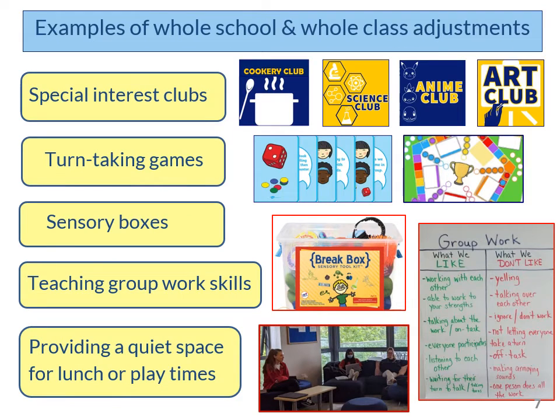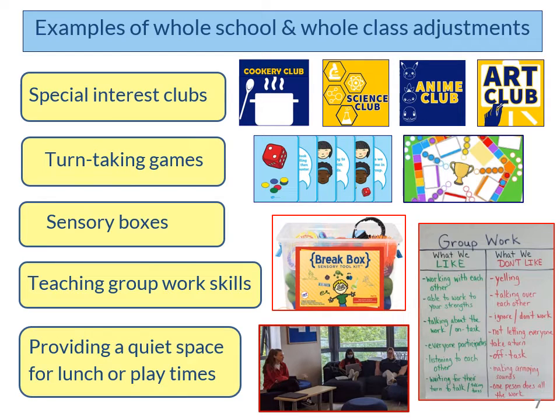Many of the strategies the Specialist Education Service for pupils with communication and interaction needs have recommended are suitable for use by the whole class and often the whole school. Special interest clubs, for example around cookery or science, or gaming clubs like Minecraft or Marvel and anime clubs, can also provide structured activities during break or lunchtimes.